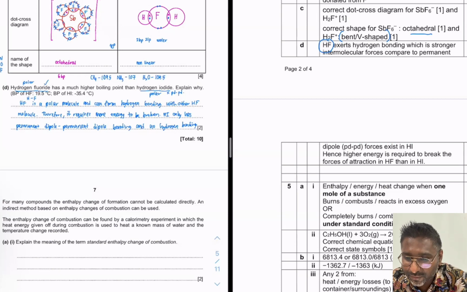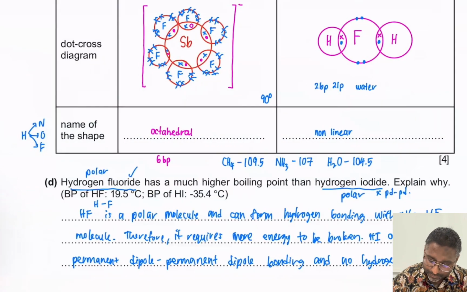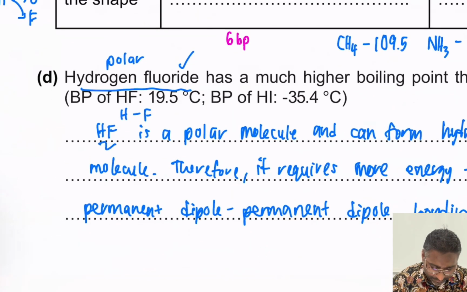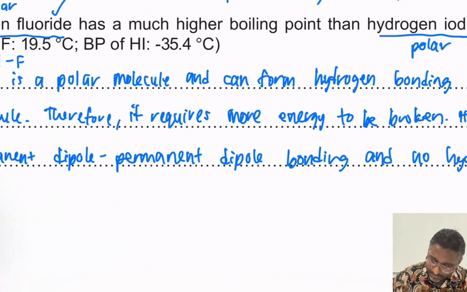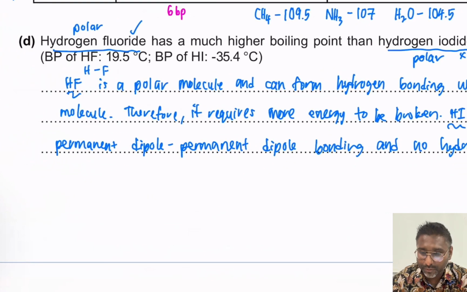Do remember, you must write in full. Even now when I'm writing, I'm not writing PDPD. Even for HF, if you can avoid it, please avoid it during the exam. Mention hydrogen fluoride fully.